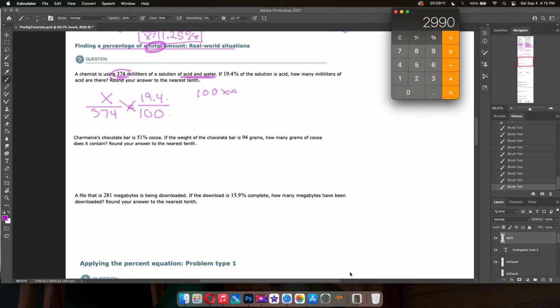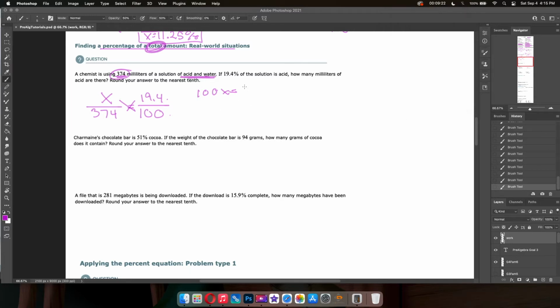I can't do 3-digit numbers in my head. 374 times 19.4 equals 7255.6. And you'll notice here it says round to the nearest tenth.